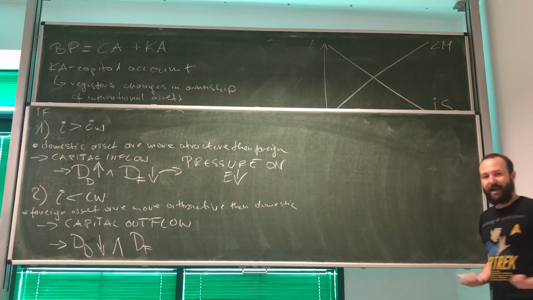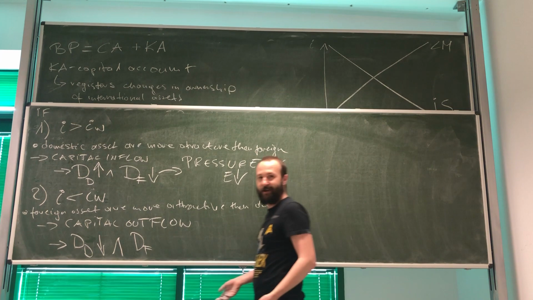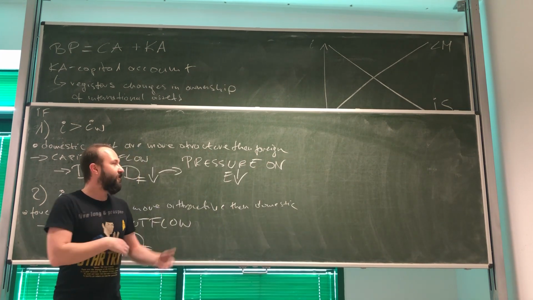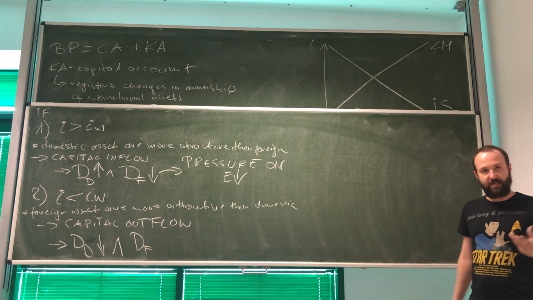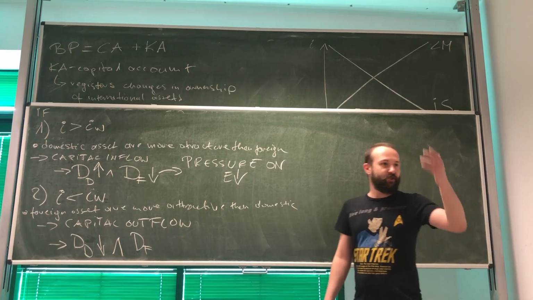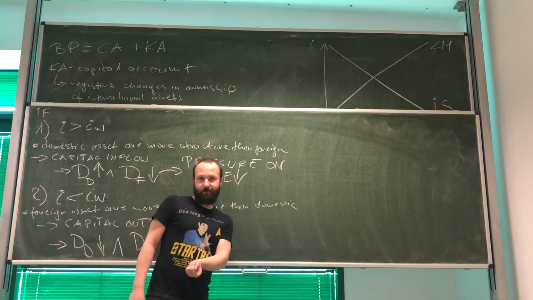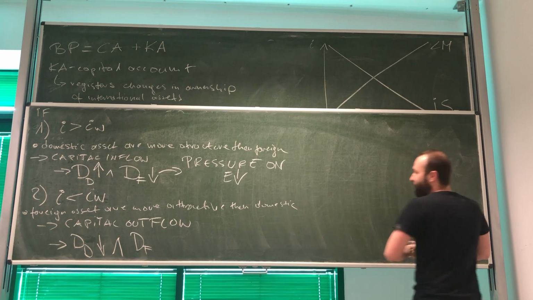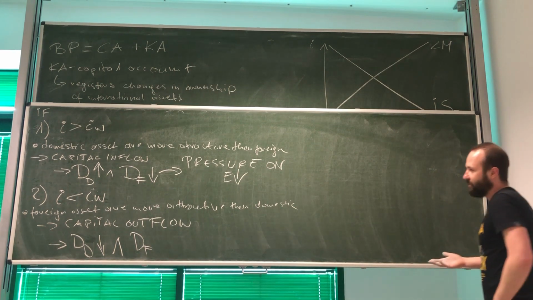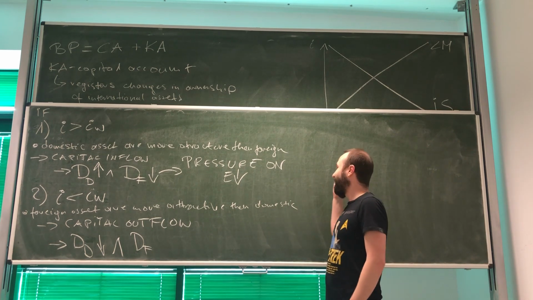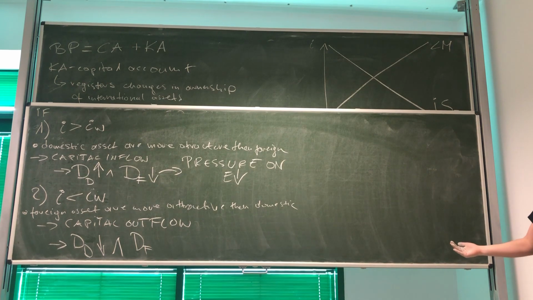Remember, if you want to buy a Polish bond, you need to exchange dollars, euros, whatever, into zloty. If I want to buy a euro bond, I need to purchase it in euros. If I want to buy a treasury bond from the United States, I need to pay in dollars. So depending on which bond you want to buy, you need to purchase a currency first in order to do so, right?